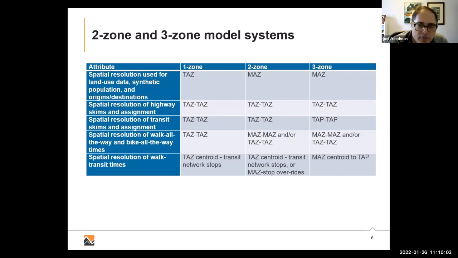We use a rough approximation of the time from the microzone to the closest transit stop to override the walk times in the skims. And then in the 3-zone system, we use TAZs for highway skims, but TAP pairs for transit skims.